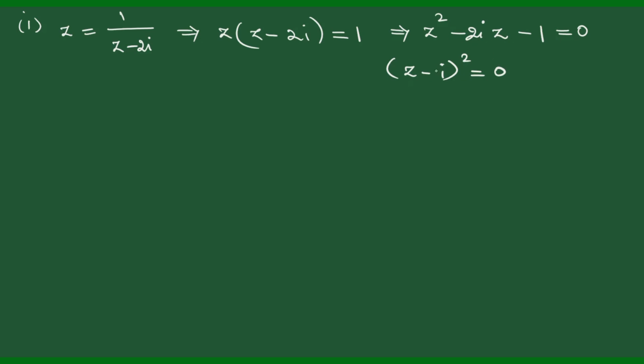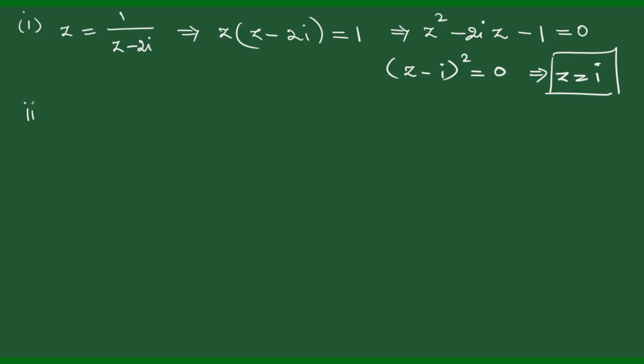Otherwise, we can factorize and get (Z - i)² = 0, because if you expand it, it gives Z² - 2iZ as the first two terms and i² as the third term, and i² is nothing but -1. So we get Z = i. Z = i is the invariant point for the given bilinear transformation W = 1/(Z - 2i).